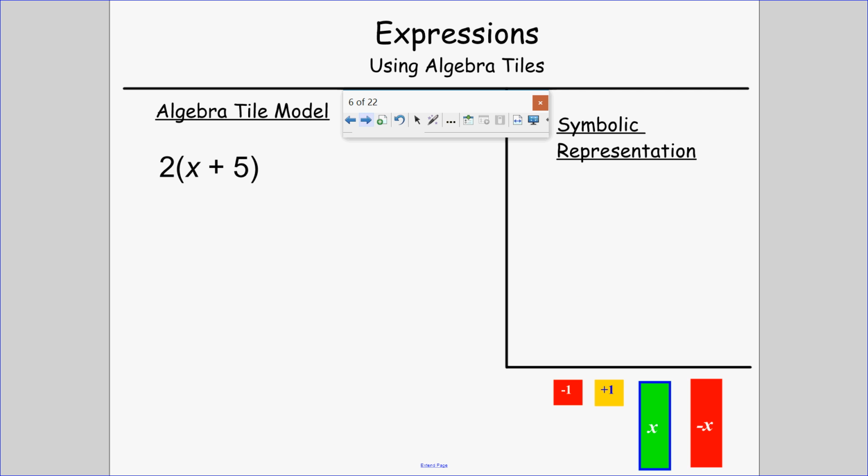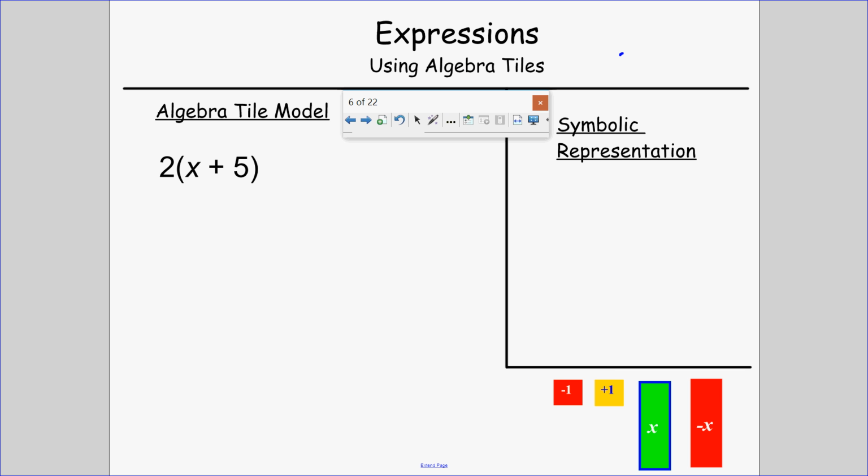Let's try an example, and you make a prediction here. What is 2 groups of the quantity x plus 5? There's x plus 5, x plus 5, 2 groups of it. Any prediction? I think it's going to be 2.